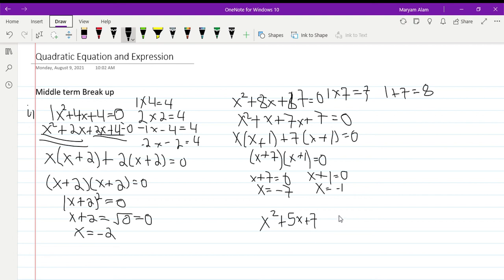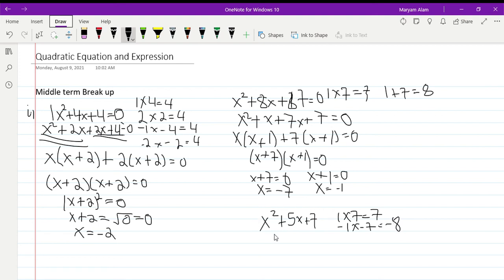For example, 1 into 7 is 7, and 7 is a prime number, so these are the only factors of 7. When I add 1 and 7 it will be 8, and if I take minus 1 into minus 7 it will be minus 8.